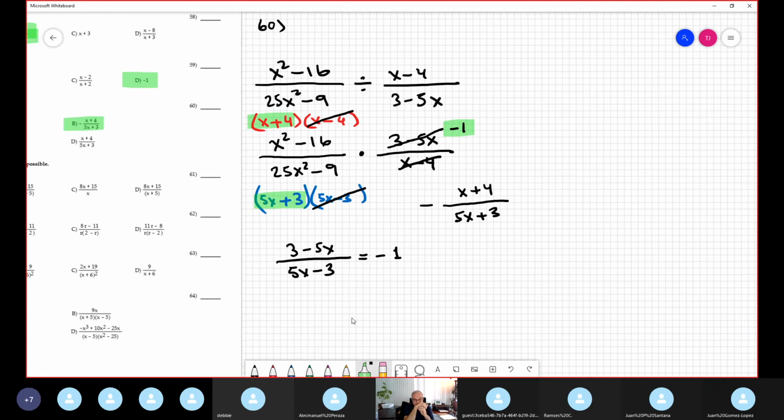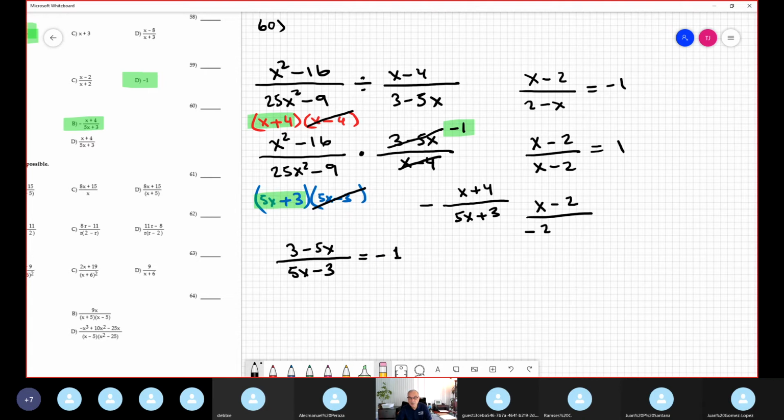Any questions, guys? Do you understand this? Okay, family means negative 1. Suppose this binomial, x minus 2 divided by 2 minus x: the answer is negative 1. Suppose x minus 2 divided by x minus 2: twin brothers, the answer is 1. Suppose x minus 2 and we have minus 2 minus x: no family, no twins, because we have one extra negative here.